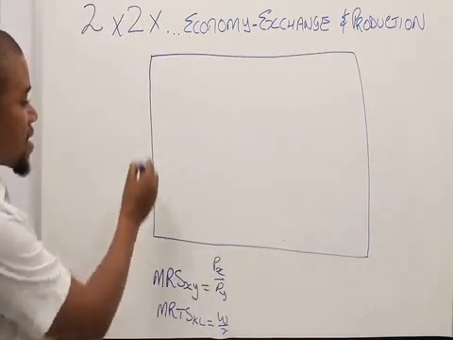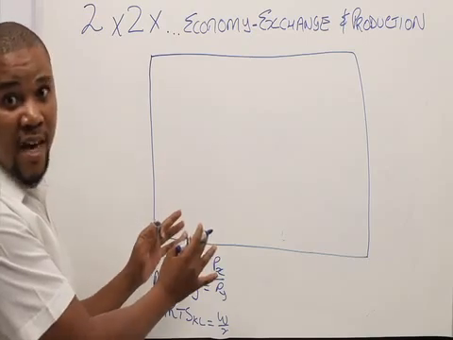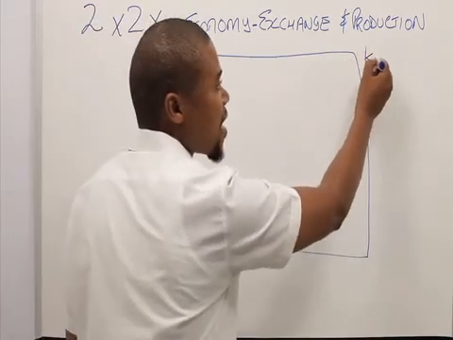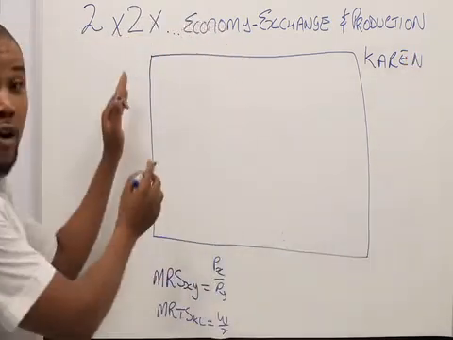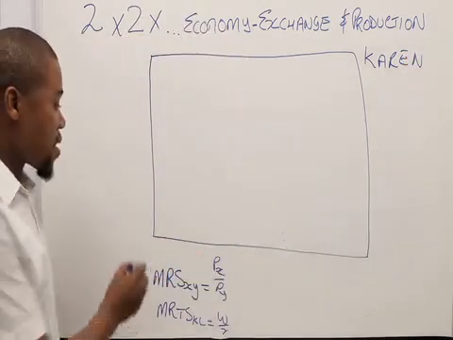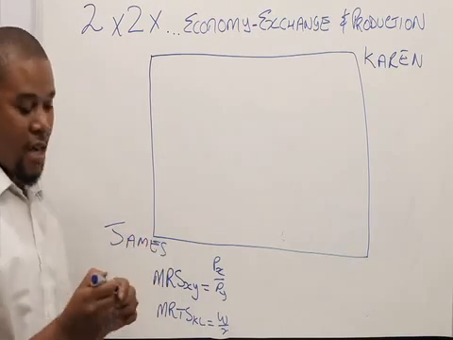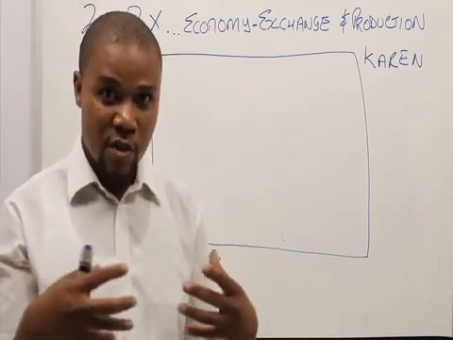So the axis that used to be for our first consumer remain the same axis, but we add another consumer. Say, for instance, Karen could be added there. And on the original axis, you could have, say, James. And we're saying that these two consumers have limited resources.